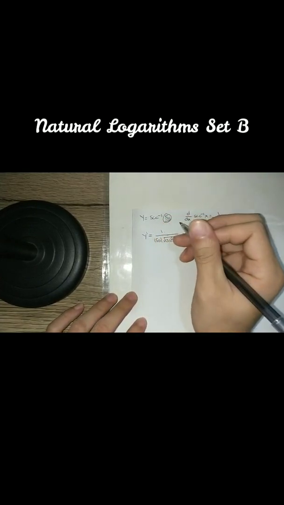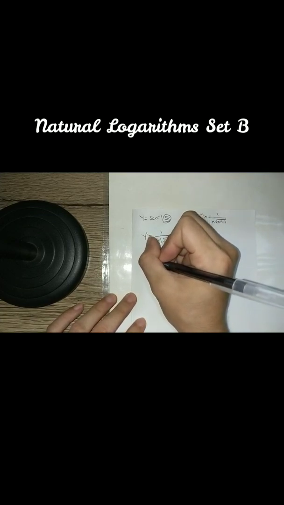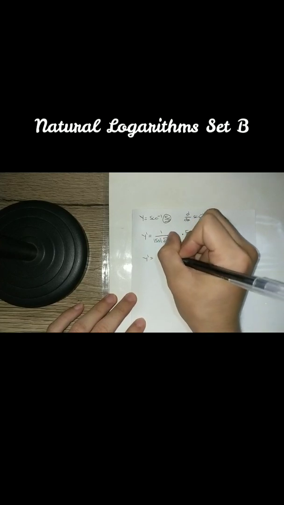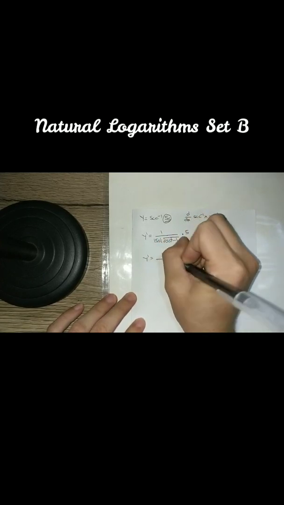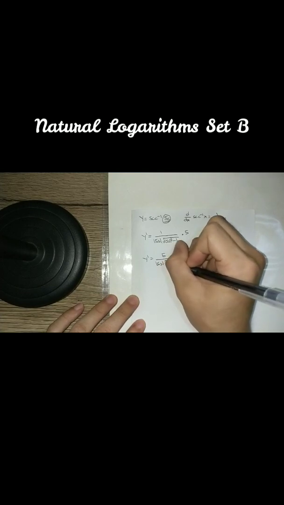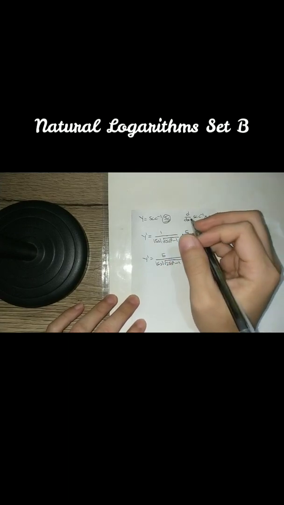Now, simplifying this further, we get y prime equals 5 divided by the absolute value of 5s times the square root of 25s squared minus 1. Now cancel the 5's.